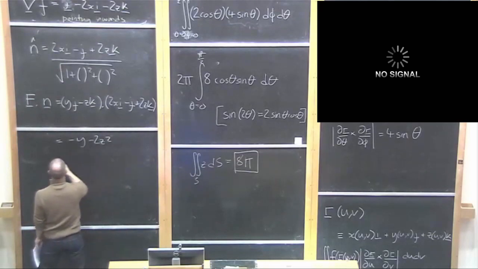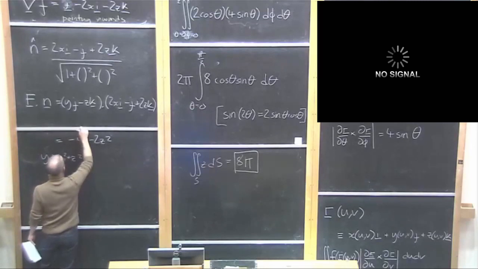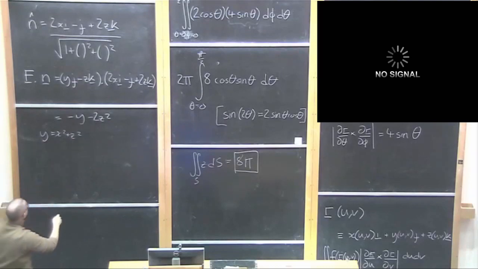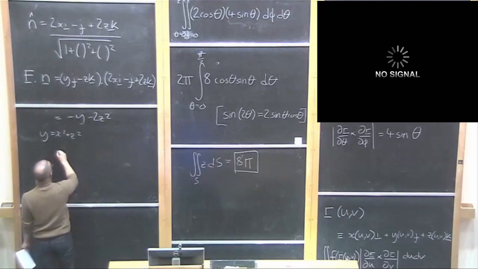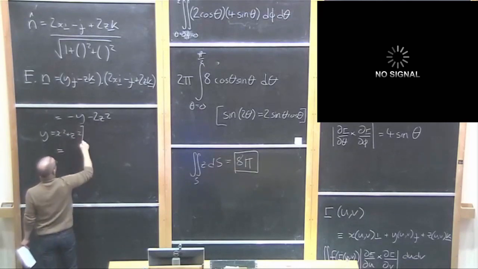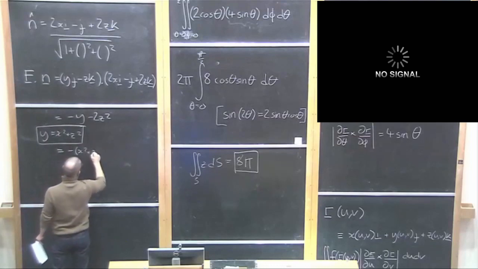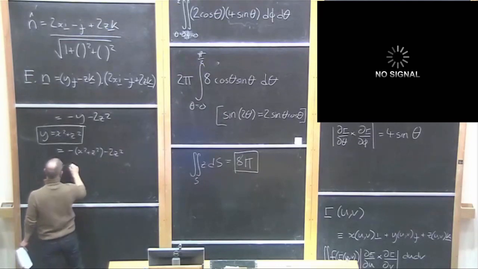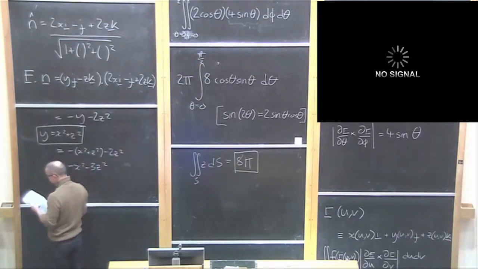We substitute in for y equals x squared plus z squared, because we want to project this onto the xz plane, so we want the thing we're integrating to be in terms of x and z. So that equals minus x squared plus z squared minus 2z squared, which equals minus x squared minus 3z squared.